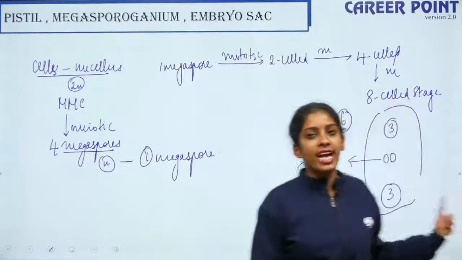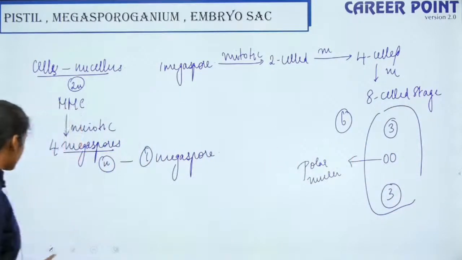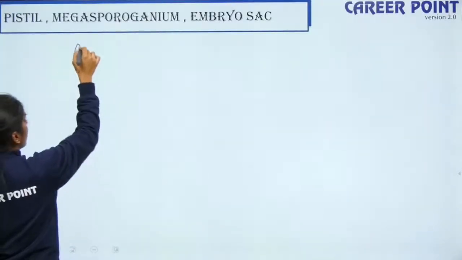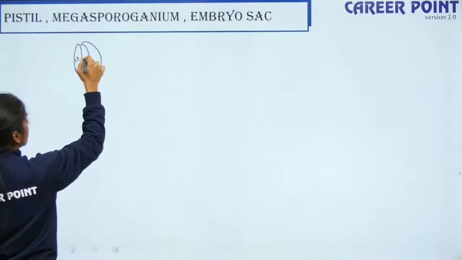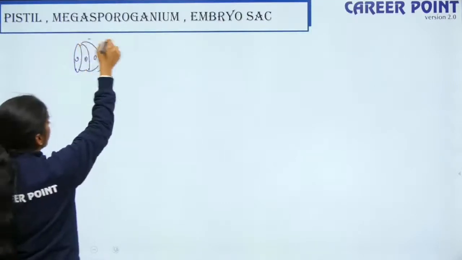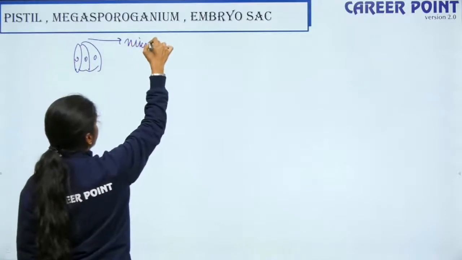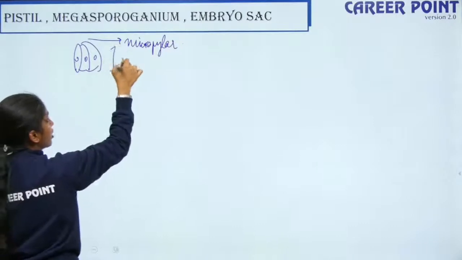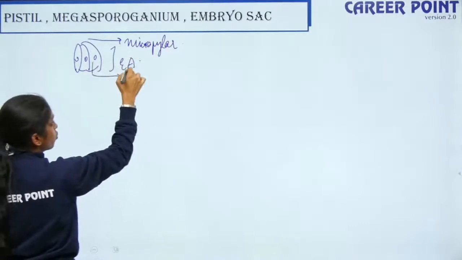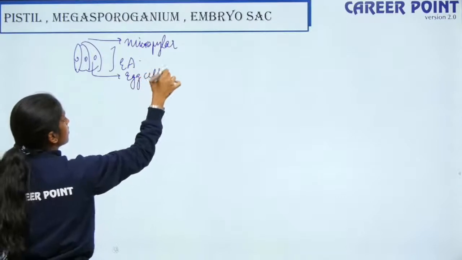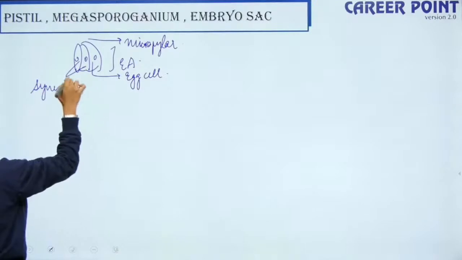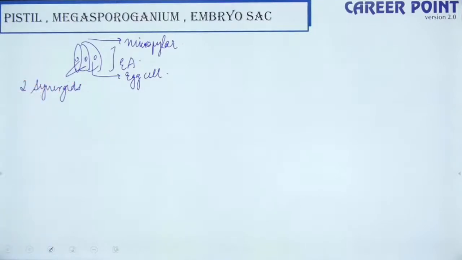The 3 cells at the micropylar end are together called the egg apparatus. It has 1 egg cell and 2 synergids. This is towards the micropylar end.